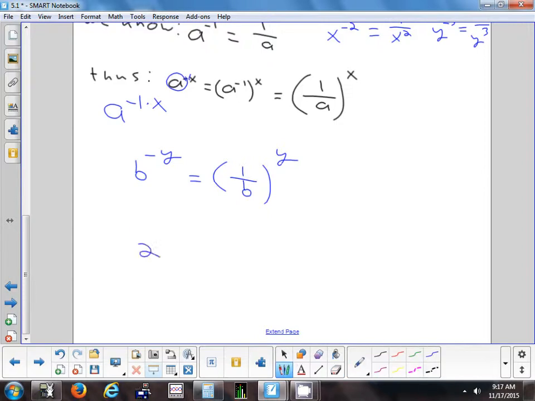Let's try 2 to the negative x. How would I rewrite that? 1 over 2 to the x. Yeah, that's 1/2 to the x. Okay, and the reason we're going to want to do that is because this number tells us something very important. If it's bigger than 1, it tells us something. If it's less than 1, it tells us something else. But in order for us to use the trick I'm going to show you, the exponent can't be negative. It has to be positive. Okay? So that's where this trick is going to come up.